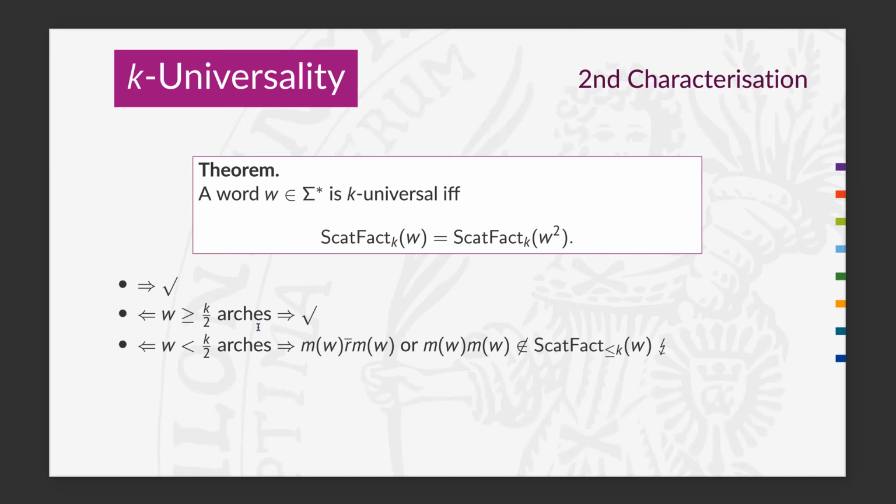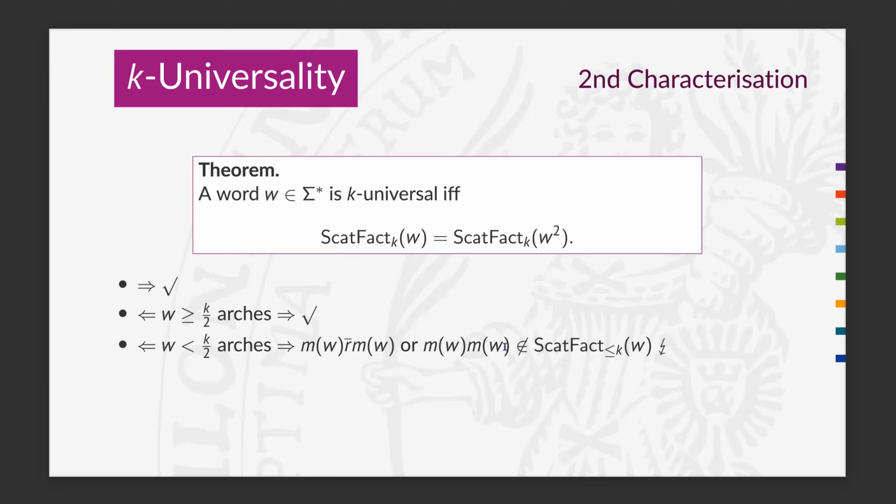If I suppose that I have strictly fewer than k half arches in W, then I'm taking my modus. I am taking the letter which is not in the rest. I'm taking the modus again, and I will not have a scattered factor. And I can do the same by just putting them together.